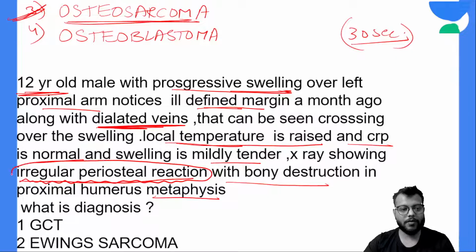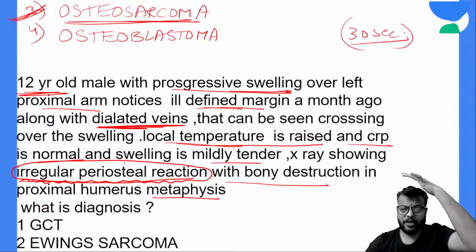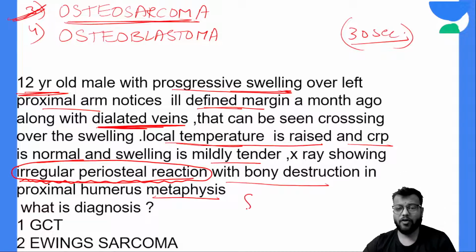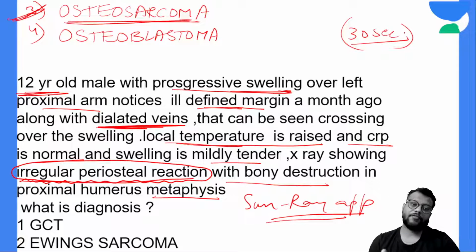Periosteal reaction occurs in many other places too, but irregular intense periosteal reaction in the form of sun ray appearance with a progressive swelling, irregular margins, and dilated veins in this age group is the sure shot sign of osteosarcoma. Okay, so the answer for this question will be osteosarcoma.